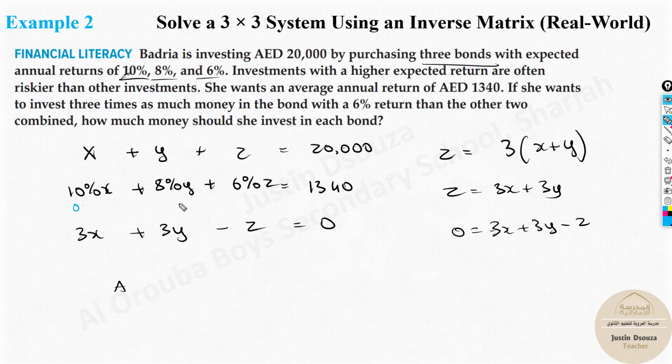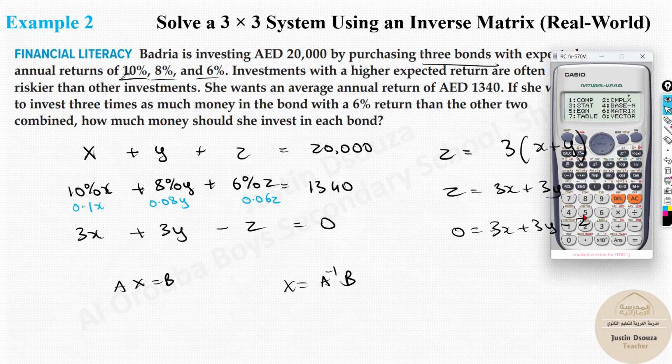Divide by 100, it will be 0.1x and 0.08y and 0.06z. Or if you put it directly in the calculator, it'll automatically calculate this. I'll show you in a while. Here Ax equals B, and then x is equal to A inverse B. So this is how we solve it, but I'll use the calculator now.